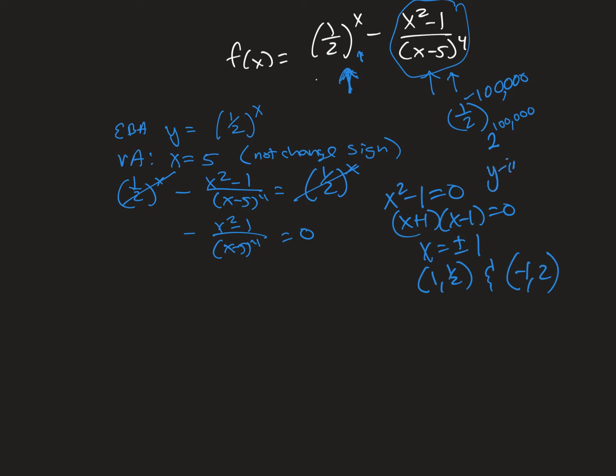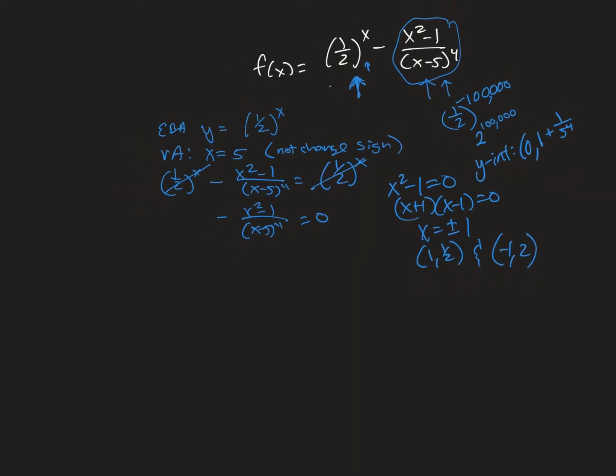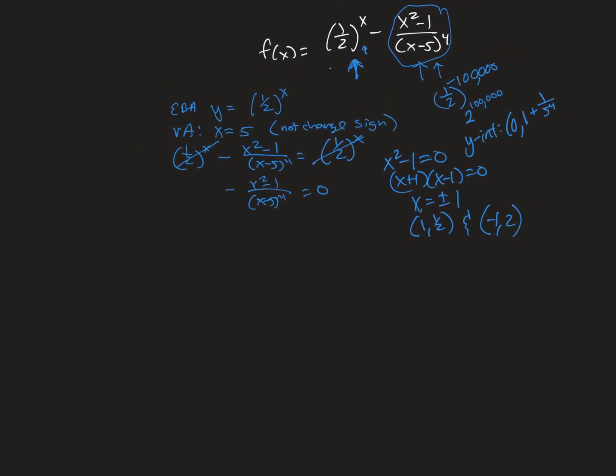So the y-intercept is when x is 0. So 1/2 to the 0 is 1. So it's going to be 1 minus a negative 1 over negative 5 to the 4th. So it's going to be 1 plus 1 over 5 to the 4th. So just over 1.